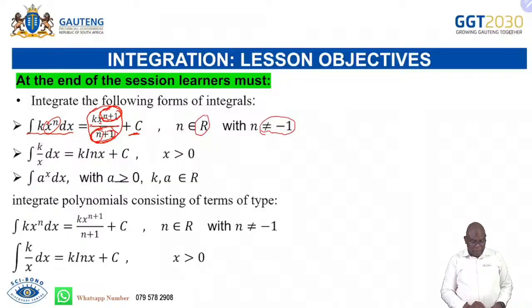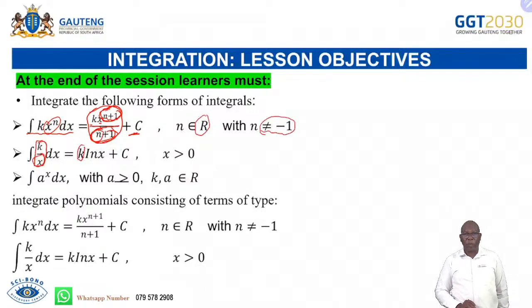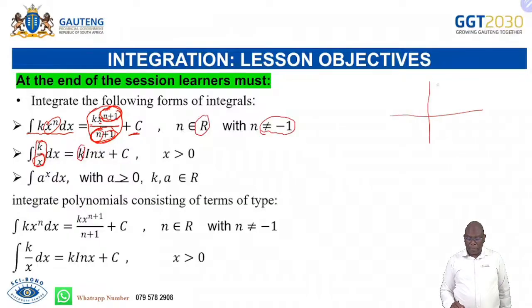Now in the next one, if I've got k over x, the k will be this side, but the x is a denominator. So we actually have a hyperbola graph, and we know that it has asymptotes.